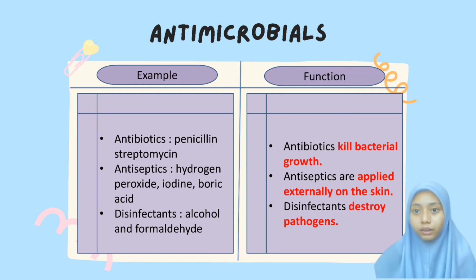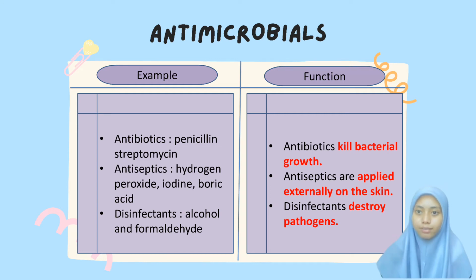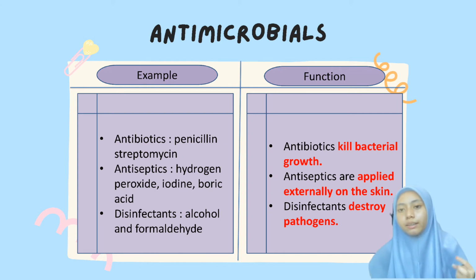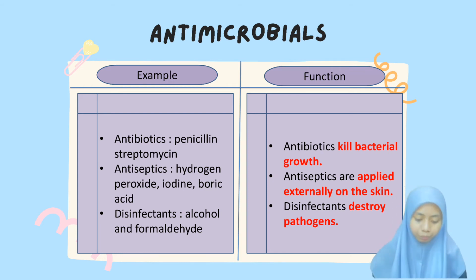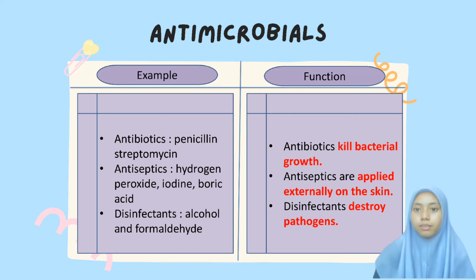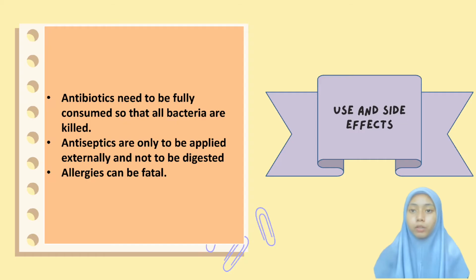So what is the function of these types of medicines? Antibiotics can kill bacterial growth. Antiseptics are applied externally on the skin. Disinfectants can destroy pathogens. How about the use and side effects of antimicrobials?